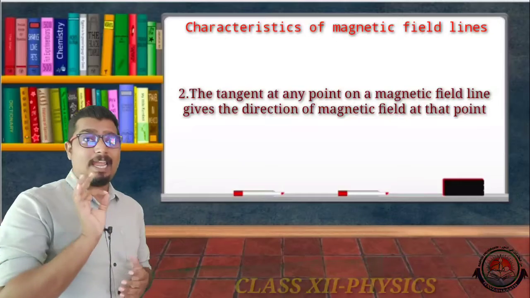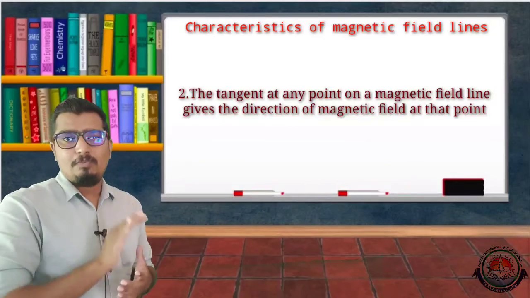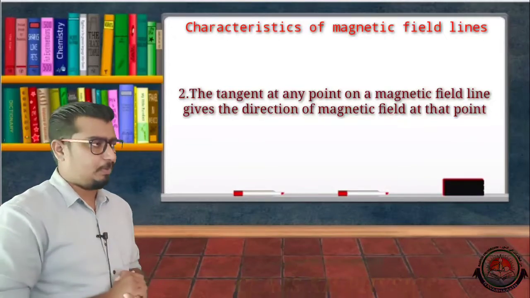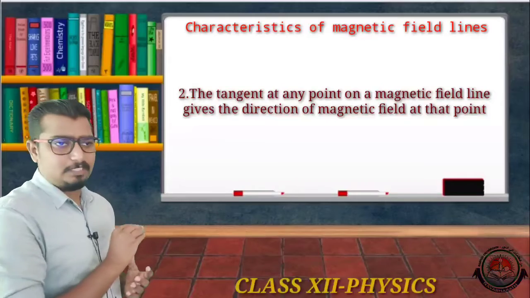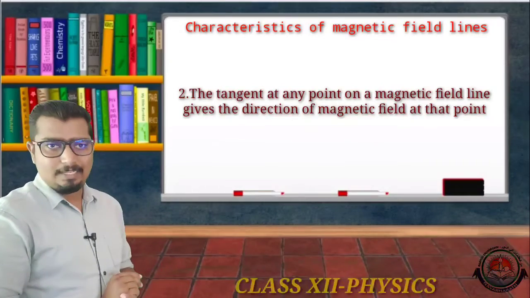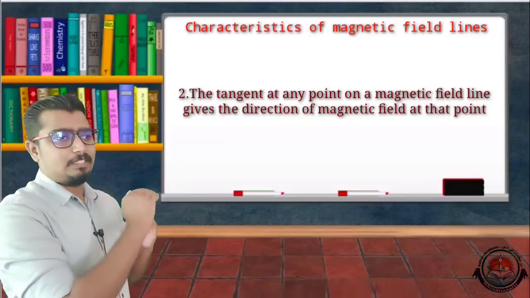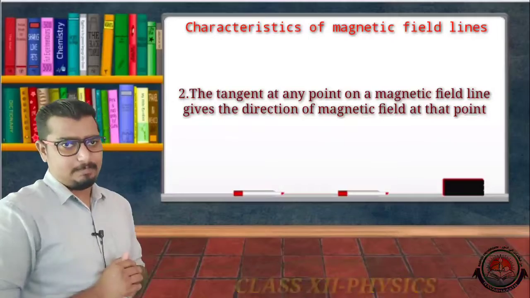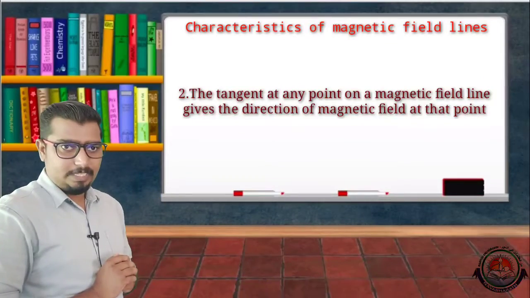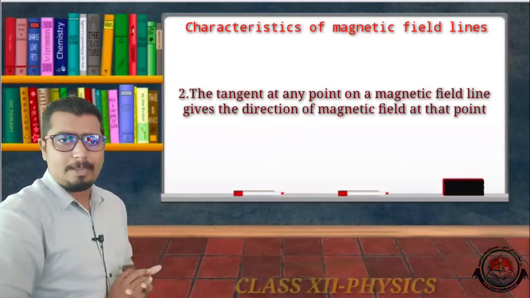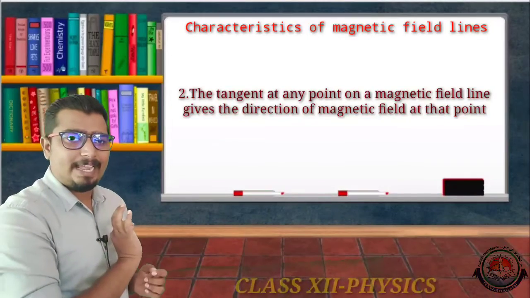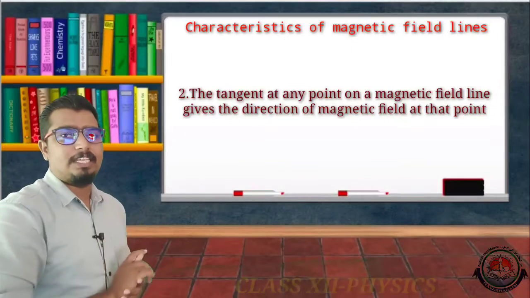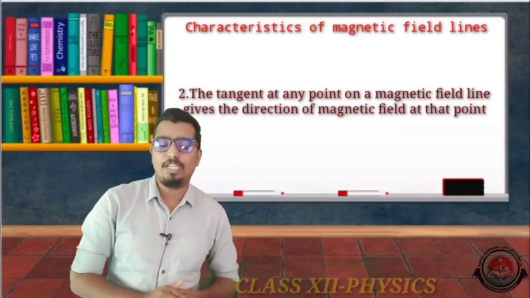That is, we consider a point on a magnetic field line and draw a tangent from that point, and that tangent direction gives the direction of the magnetic field at that point.